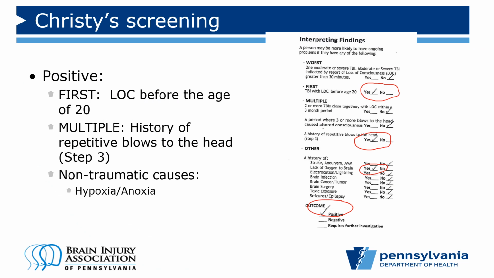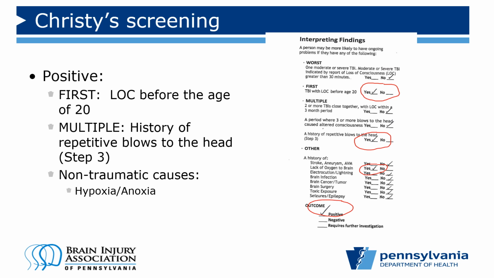So Christy's screening is positive. If you look at our interpreting guides, you see those pasted to the right on the slide. She is positive for 3 possible causes. So she has a first loss of consciousness before the age of 20 in the car crash. She has that history of repetitive blows to the head that we discover in step 3 when she talks about her history of being involved in a relationship with someone who was abusive.